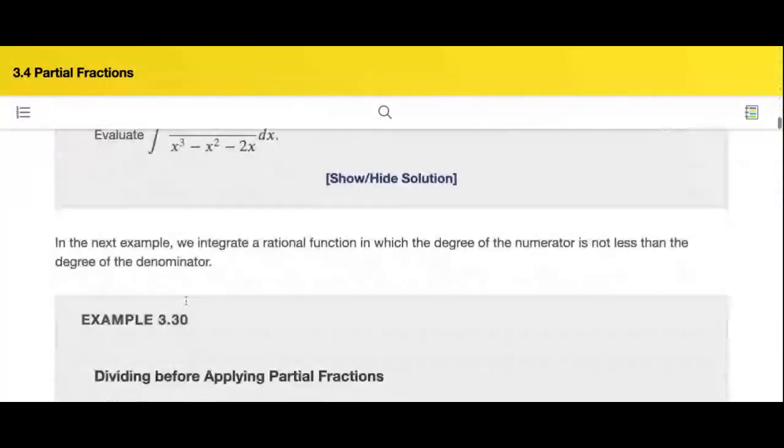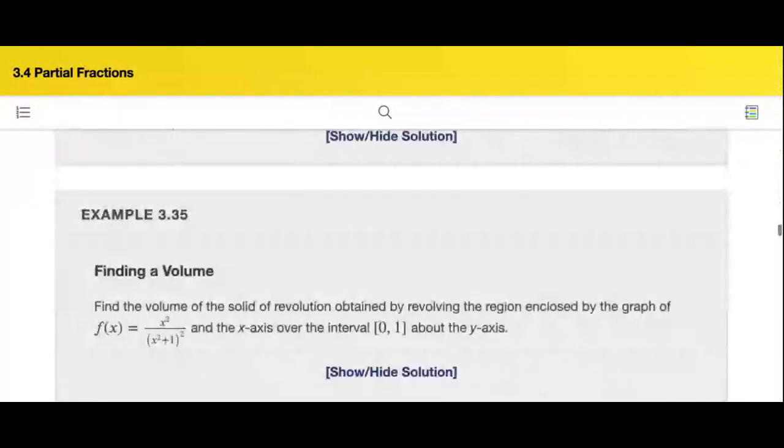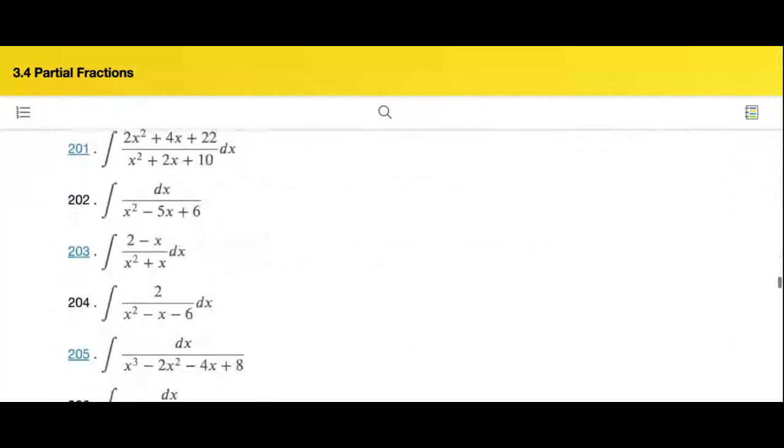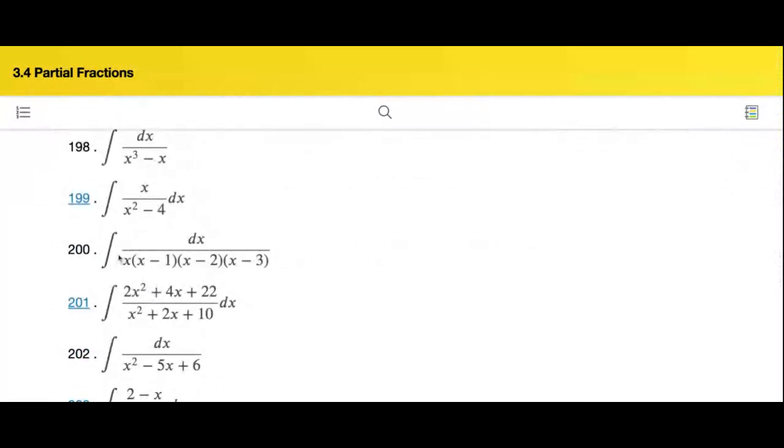Let's talk about 3.4, number 200. Let me see if you see this. Anyone has done this, or should I give everyone like 5 minutes to do this?